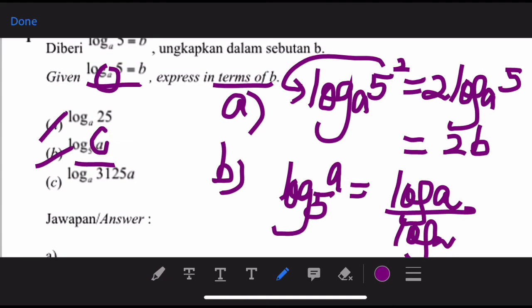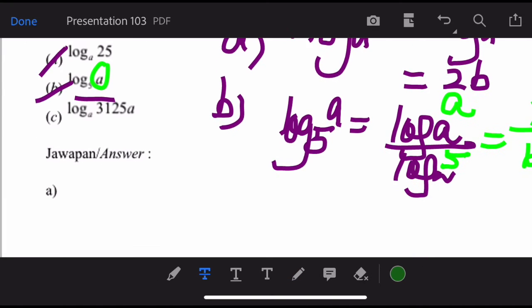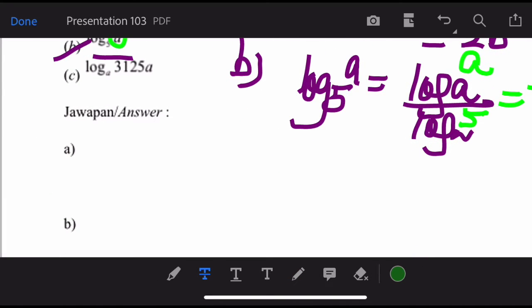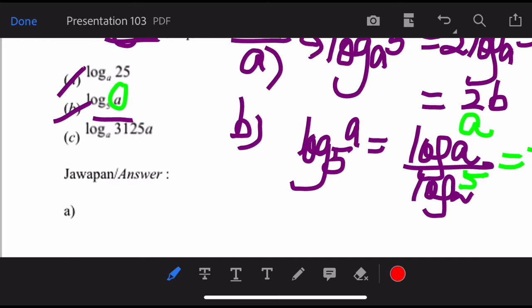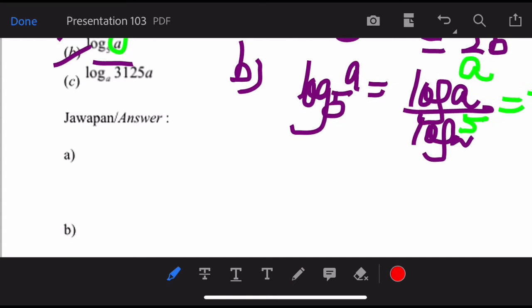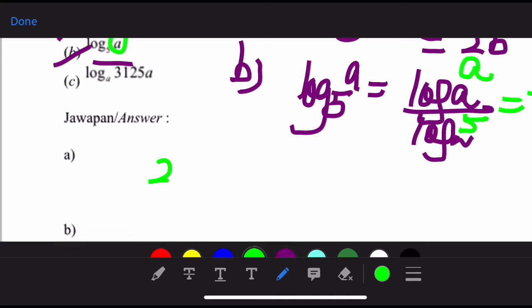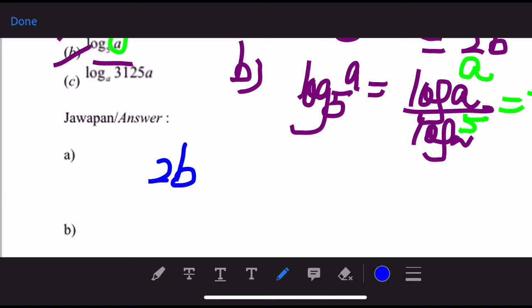So the a will be a here, and the 5 will be down, right? So log a a is 1, and log a 5 was given as b, so it's log a a over log a 5, which is 1 over b. So we have solved 2 questions. The first one was 2b, and the second one is 1 over b.